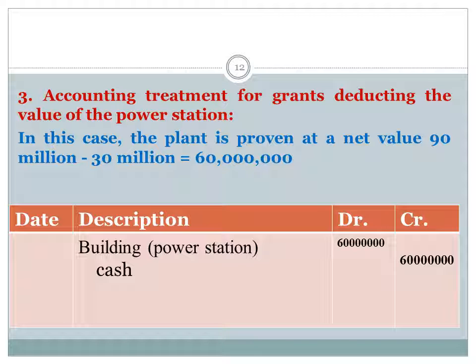The debit side will be building power station because it is an asset and it increases, so it will be in the debit side. Cash will be in the credit side because we will pay the amount, so cash decreases, so it will be in the credit side. 60 million, 60 million.